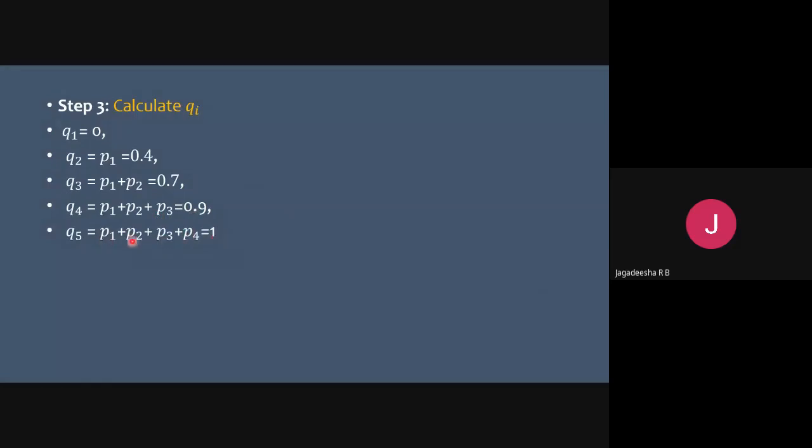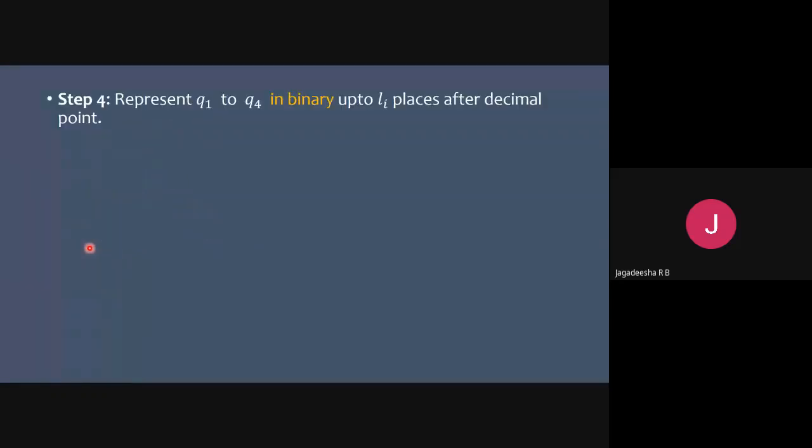So basically, this is Q of n plus 1. N is equal to 4 in our case. We have 4 symbols, so n plus 1 is 5. That will be 1 because we are starting our count from Q2, right? So we'll have Q of n plus 1. Okay, now we will move on to the next step. What's the next step?